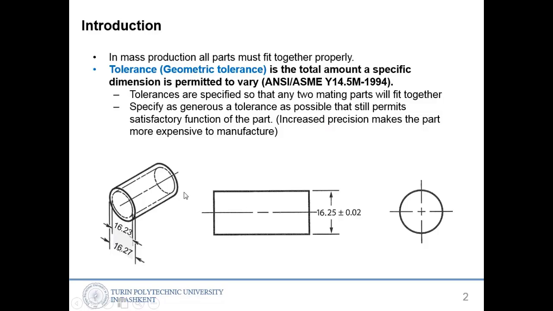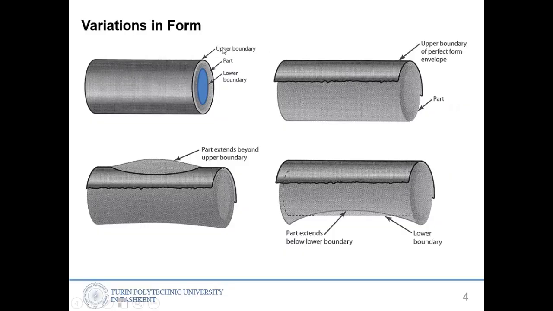So here we see the upper allowed region and the lower allowed region, the upper boundary and the lower boundary. It is required to manufacture the part inside of these boundaries. This is the upper boundary, and that is the lower boundary.